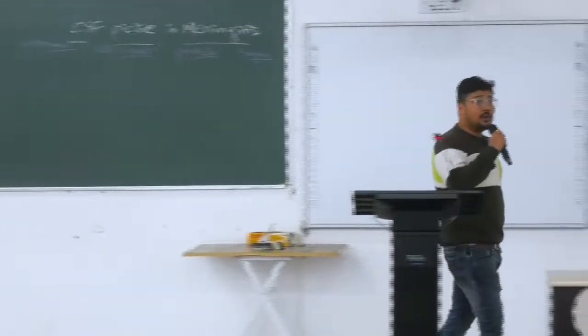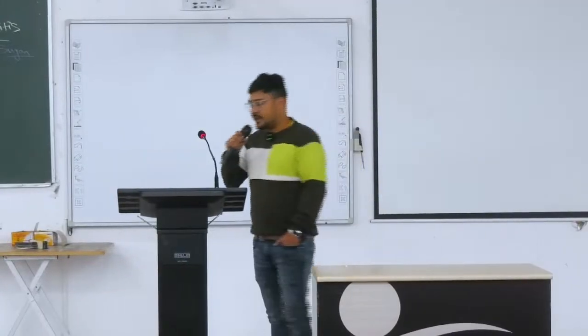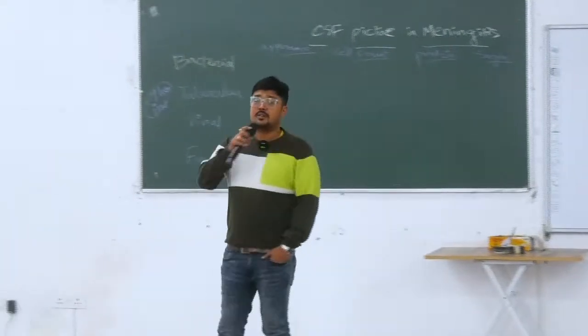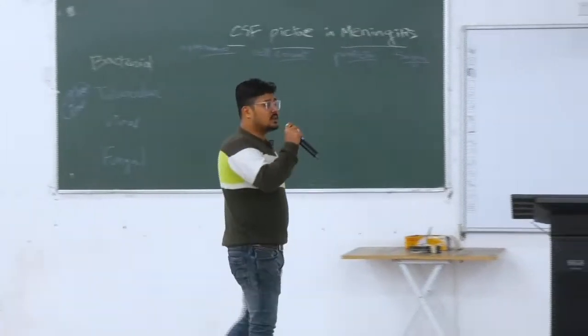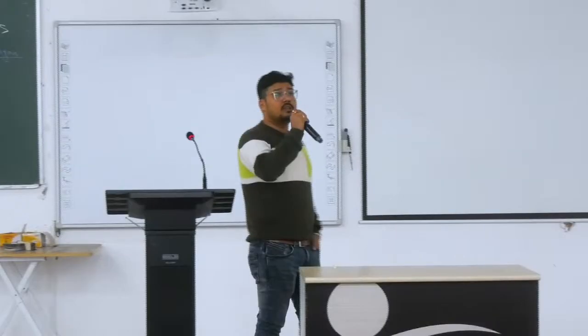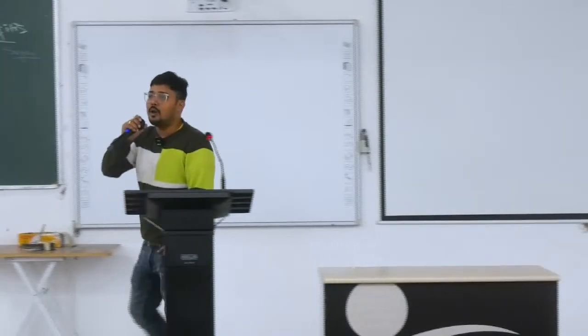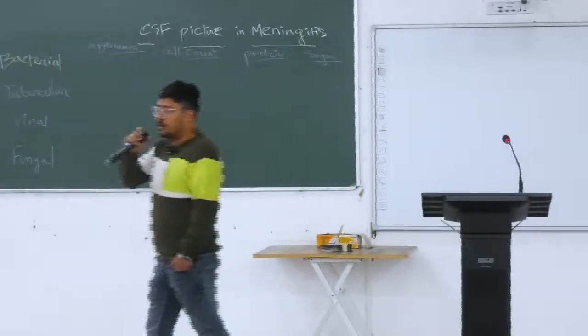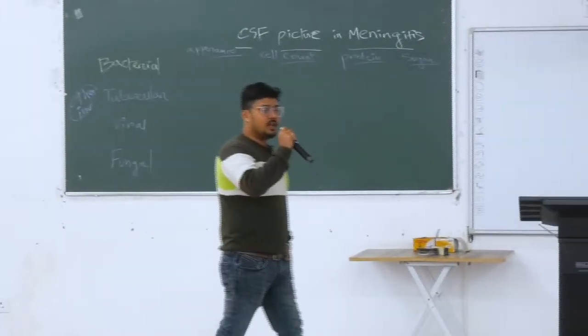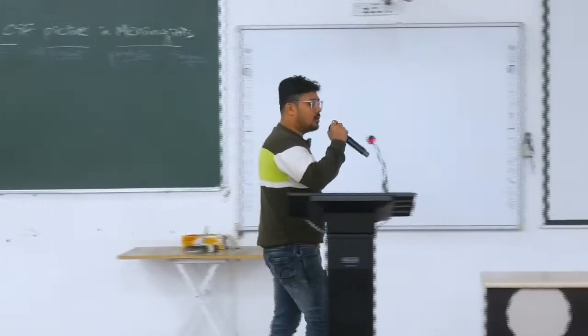Okay, now coming to the CSF picture in meningitis. So, as we all know, meningitis, what is meningitis? It is the inflammation or inflammatory involvement of the covering of the brain and spinal cord. So, meninges, as we all know, is a covering of brain and spinal cord.